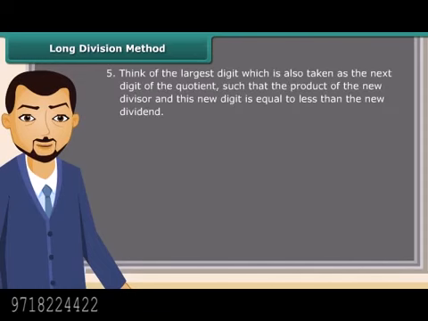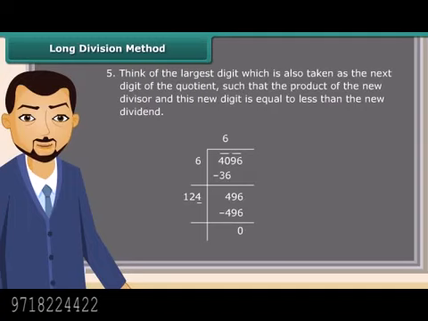Next, think of the largest digit, which is also taken as the next digit of the quotient, such that the product of the new divisor and this new digit is equal to or less than the new dividend. Here we have 124 multiplied by 4 equal to 496. Since the remainder is 0, so the square root of 4096 is 64.